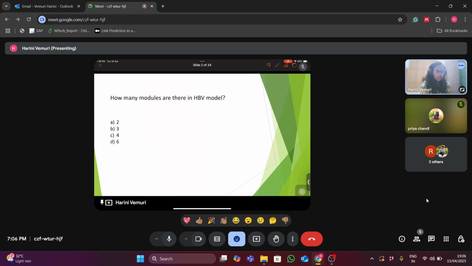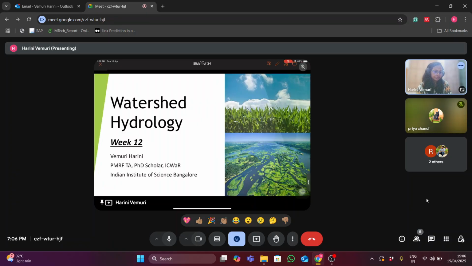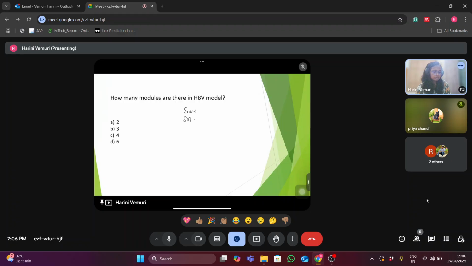So first one is how many modules are there in the HBV model? If you remember, we have discussed four modules. One is the snow module, the soil moisture module, then the response routine, and then the routing routine.